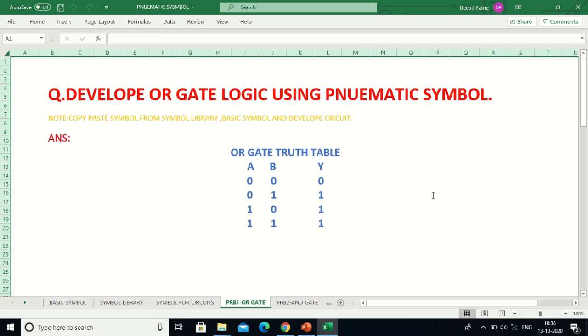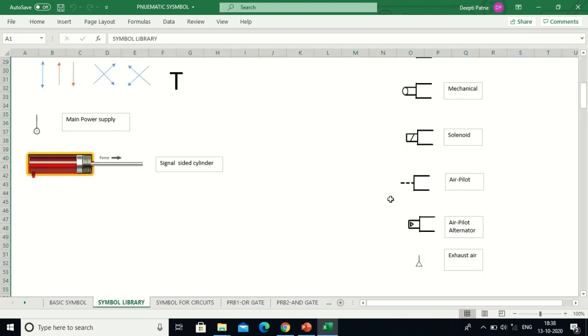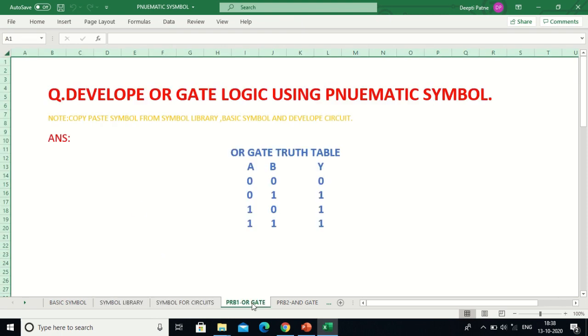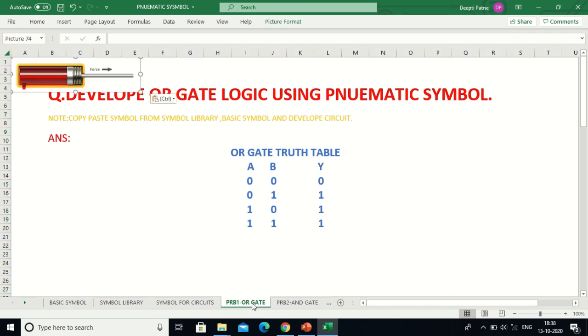Now, the question is how to develop it. A note is given to copy paste the symbol from the symbol library. This is the symbol library, the basic symbols, and develop the circuit. So we are going to copy paste the symbols. For example, if you wish to copy paste the single sided cylinder, I will just press Control C and go into the problem wherever I want it, and press Control V there.